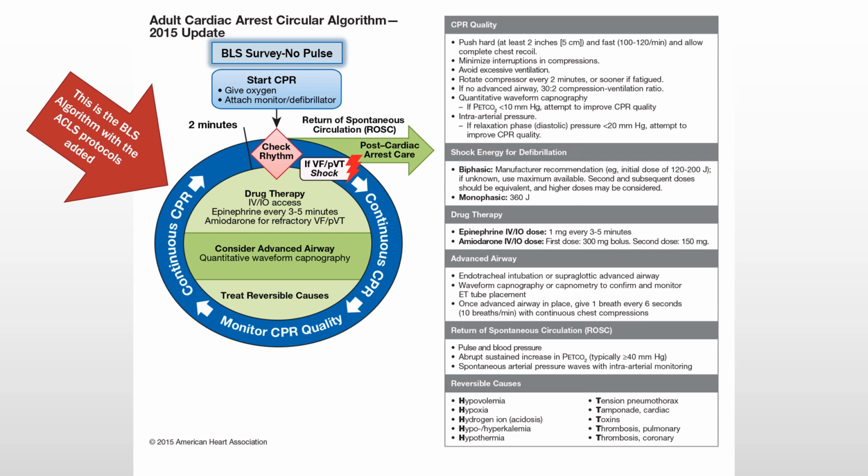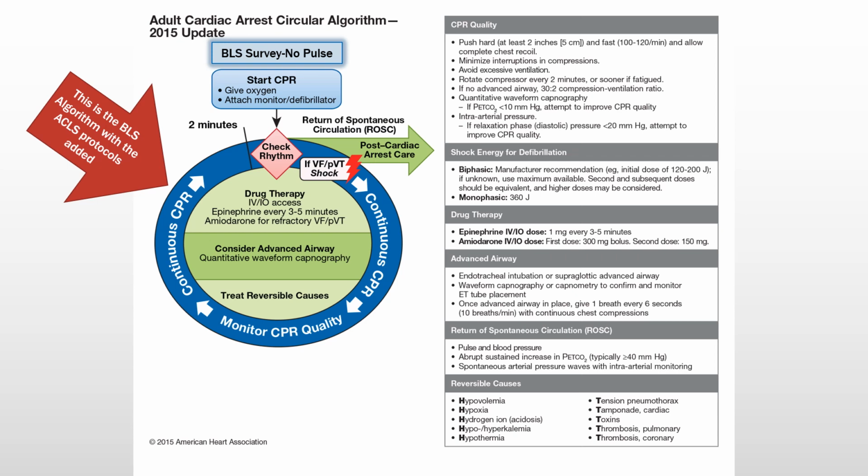If something else occurs, if the patient converts to another rhythm, we may switch algorithms. So if they have return of spontaneous circulation, but are still hypotensive and now are bradycardic, we would then convert to the bradycardia algorithm. But right now we have no pulse, so we're going to follow this around and around.